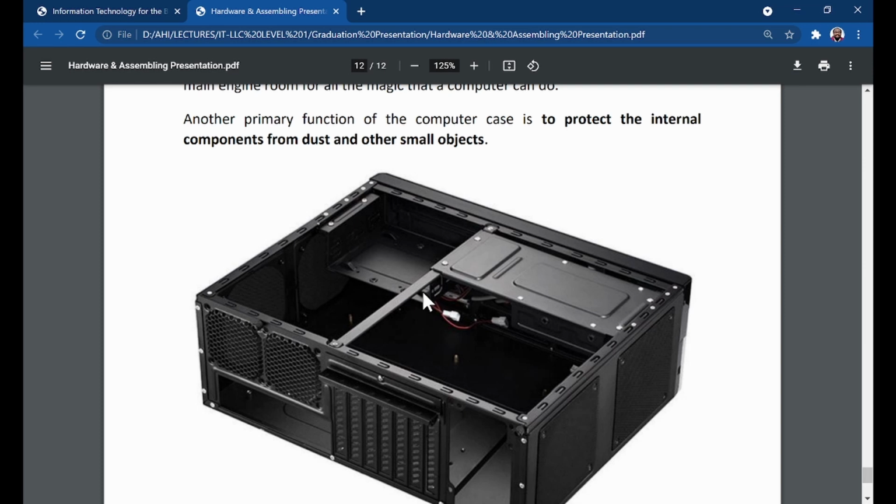Alright, so we are taking computer components one by one, and we've talked about the case. You are supposed to remember what this does, because you are going to be tested on this. Now, when we finish, we are going to do a presentation on the entire computer system. And you will be called to talk about a component or a number of components.